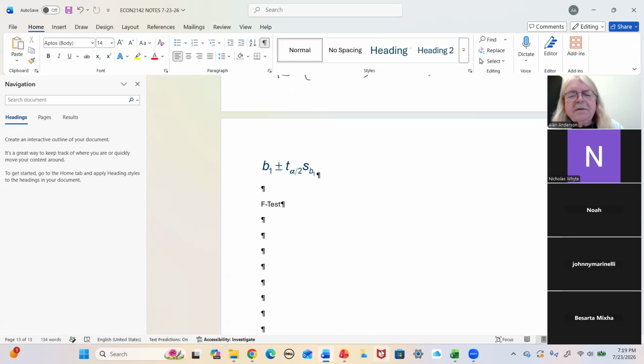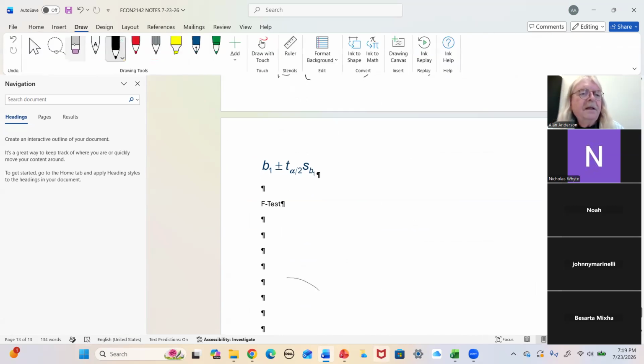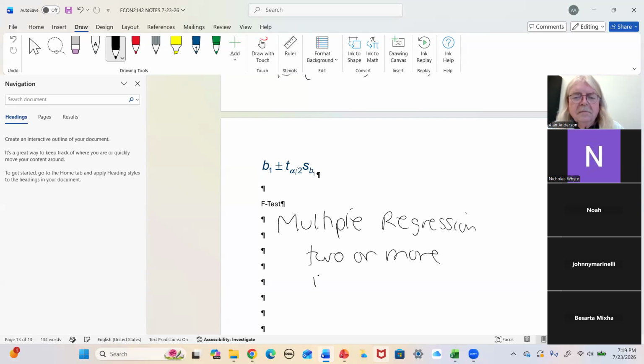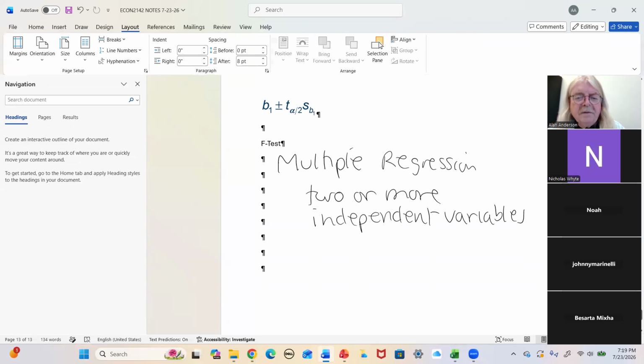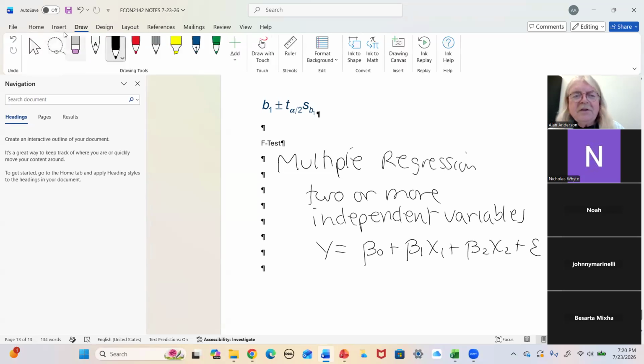The f-test, let me show you with multiple regression, the difference is that there's going to be two or more independent variables. Like for example, and so that of course complicates everything, but we'll not be doing that in this chapter.